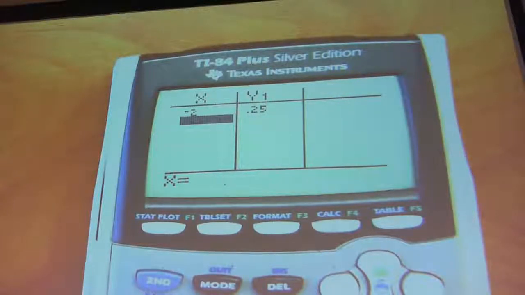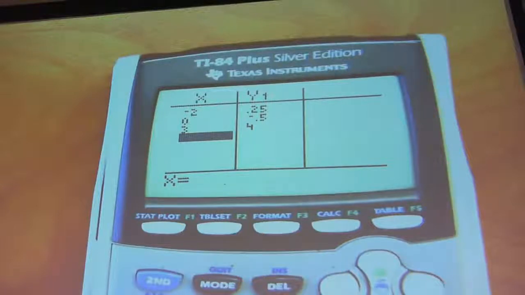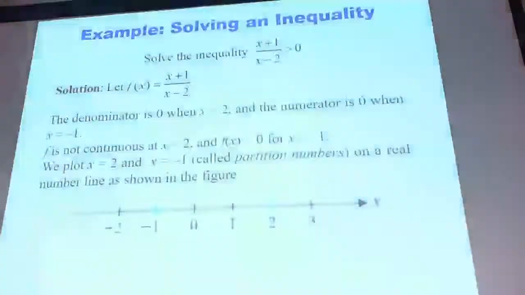Now, pick a number between -1 and 2. What's a number between -1 and 2? 0. When you plug in 0, your result is negative, below 0. Now pick a number greater than 2. 3. Your result is positive, greater than 0. So the same thing we did graphically, they're doing by plugging in numbers.